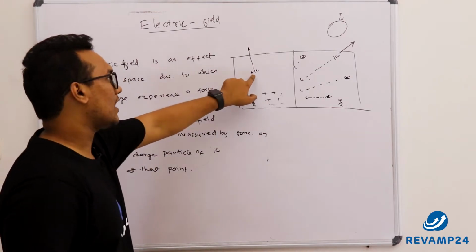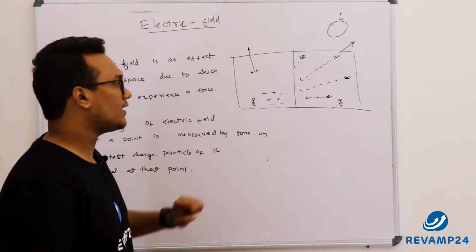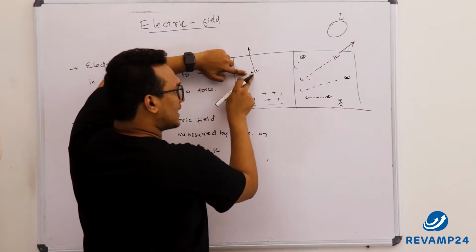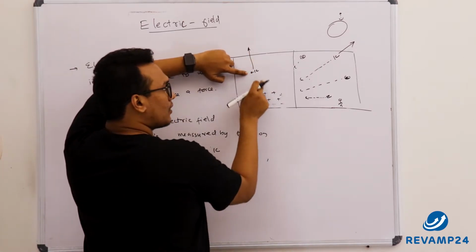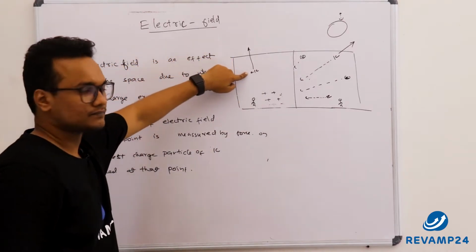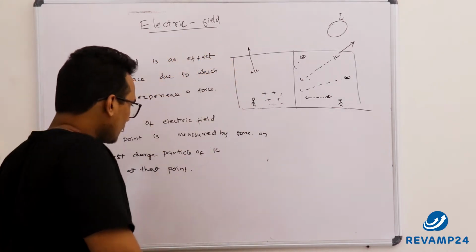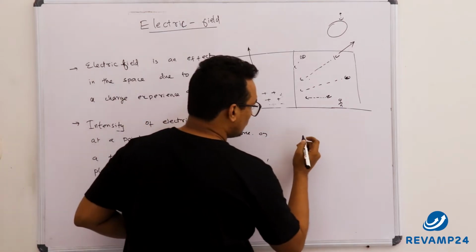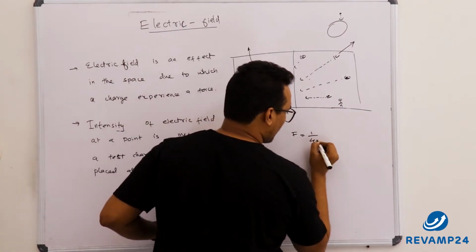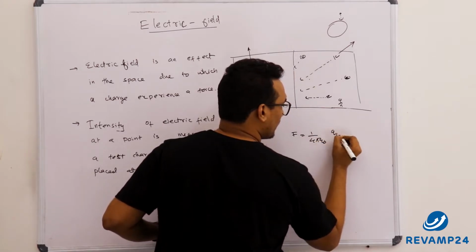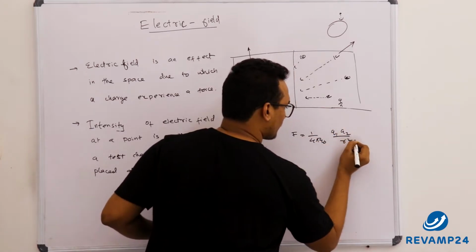And how to get the value of the intensity of the electric field at this point? Just find the force exerted by this on 1 coulomb. Now, how to get the value? We know that the force between two charges is equal to 1 by 4 pi epsilon 0 Q1 Q2 divided by R square.